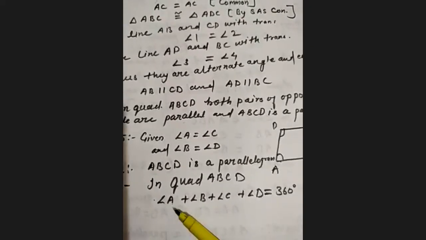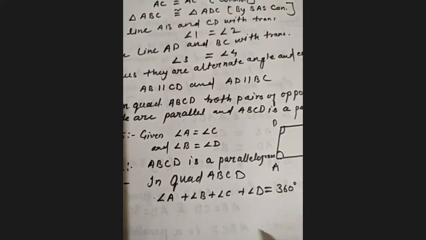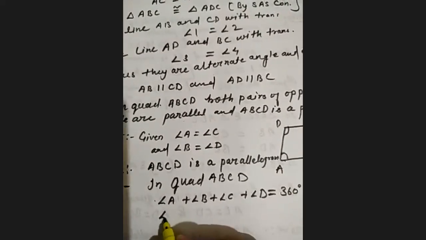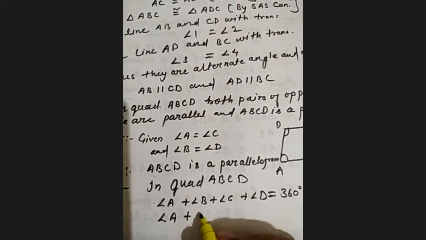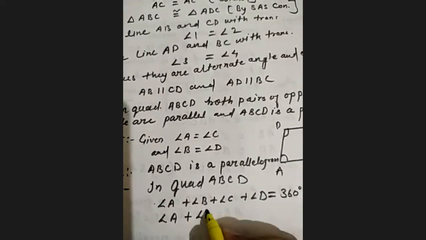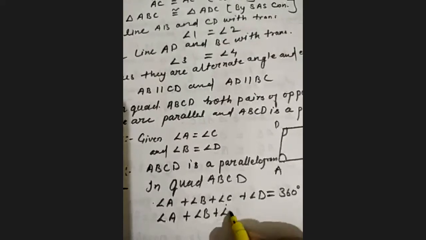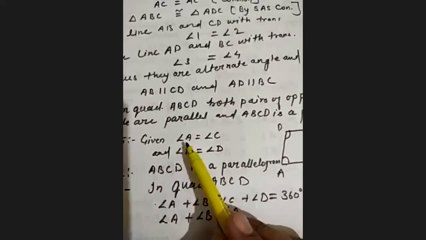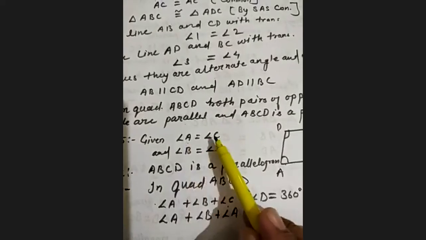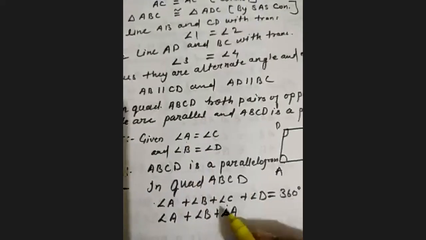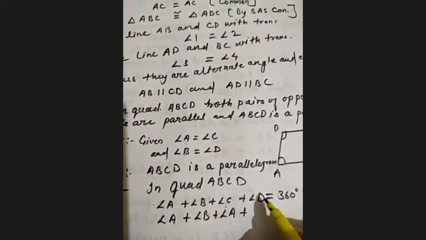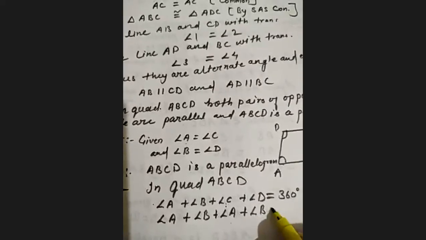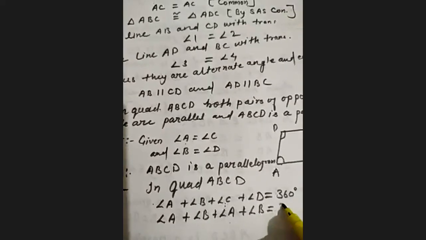Sum of the angles. So here you write angle A plus angle B, and in place of angle C you write angle A. How? Because it is given that angle A is equal to angle C. So here we put angle C plus angle A. Okay, and same here we put angle D in place of angle B. Okay, 360.